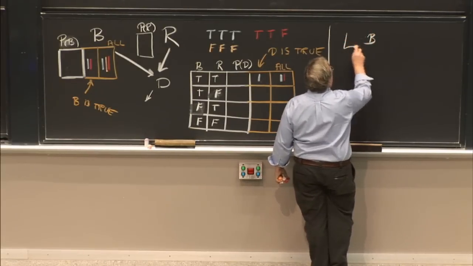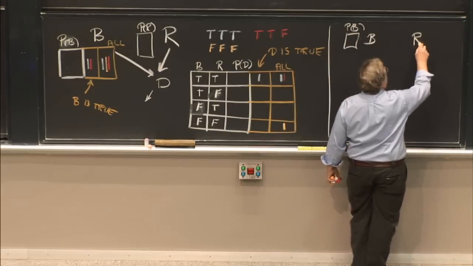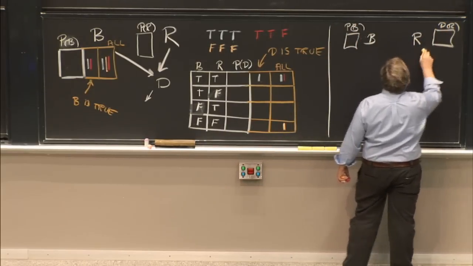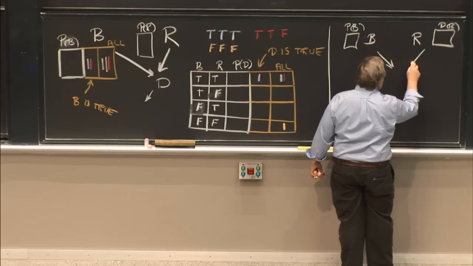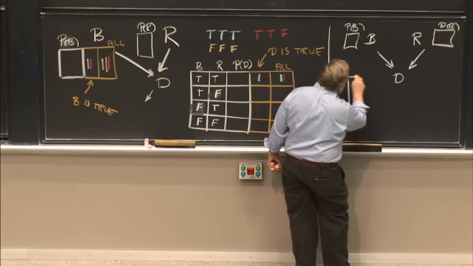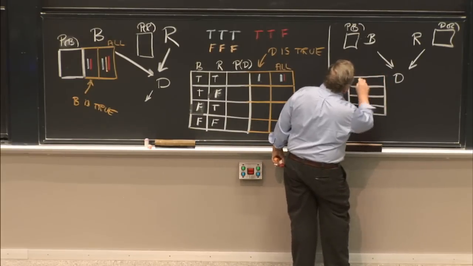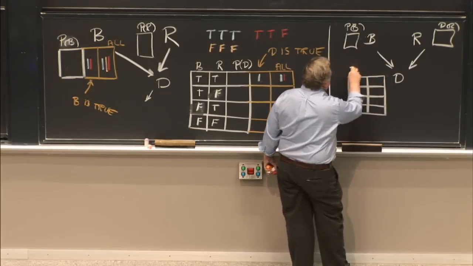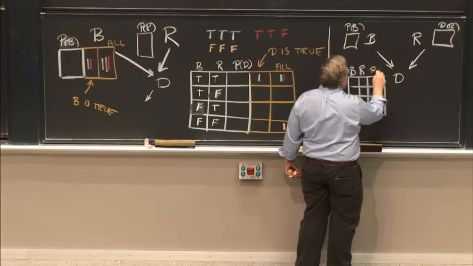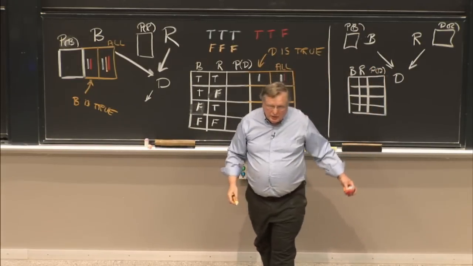Here's B. It's got a probability of B. Here's R. Here's a table probability of R. That comes down into a joint table for dog, and it's got 4 elements. Depending on the burglar condition and the raccoon condition, we get a probability of dog. And now imagine these have all been filled in.